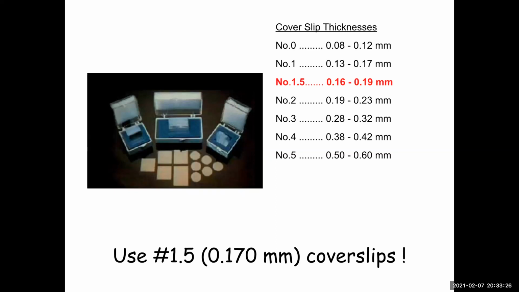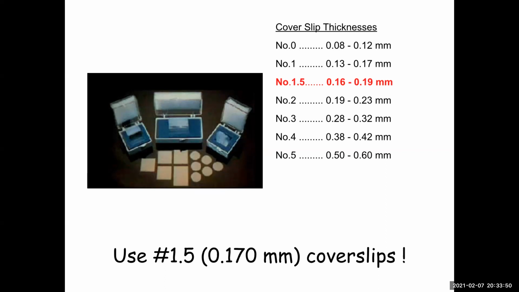So just double check that you're using a 1.5. Even a number 2 thickness will not work on most scopes. You can use something thinner, sure, but even a number 1 is so fragile. You have to be super careful, and really there's not a lot of point in using it.